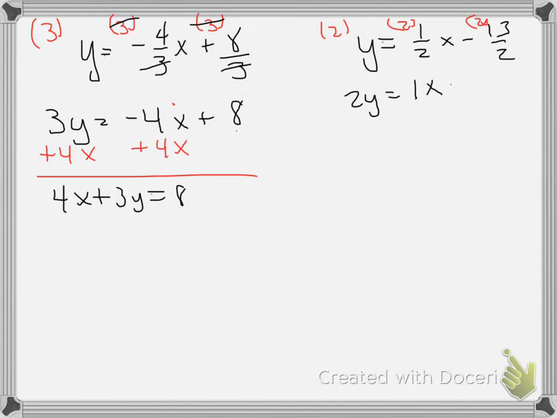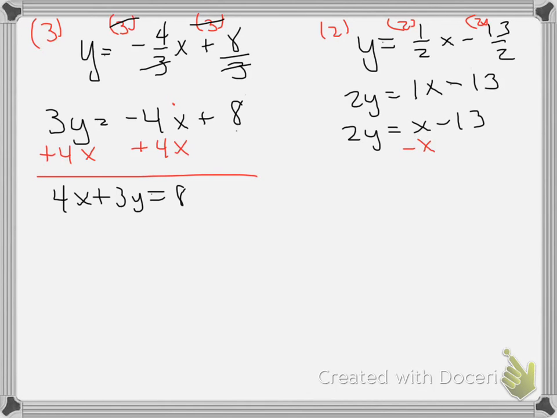And then minus 26 over 2, and if you divide 2 into 26, you're going to get 13. So we really have 2y equals x minus 13.